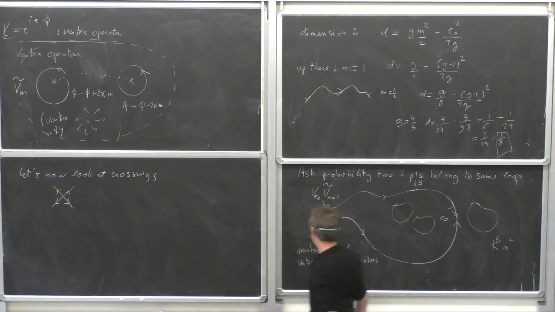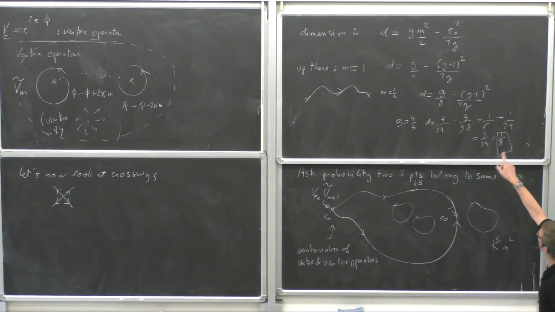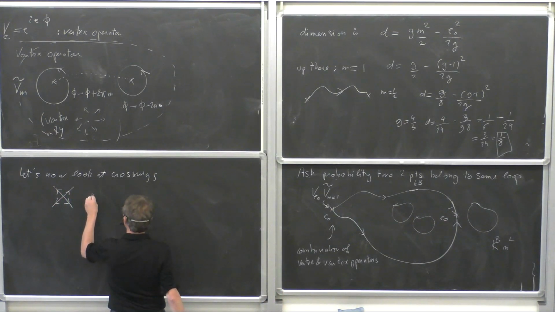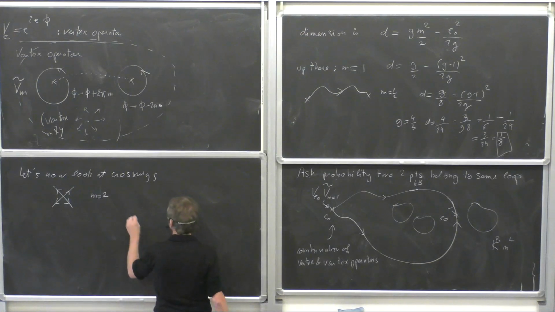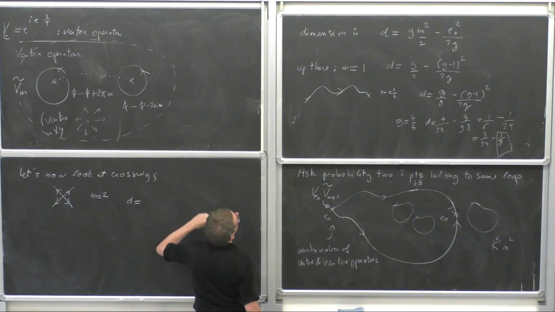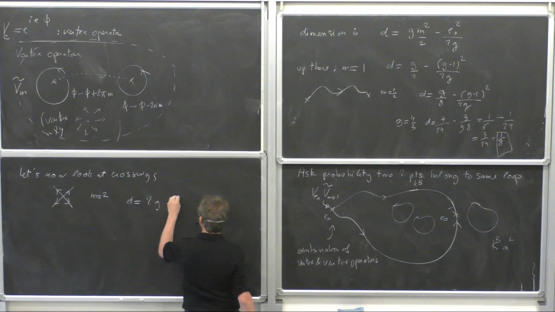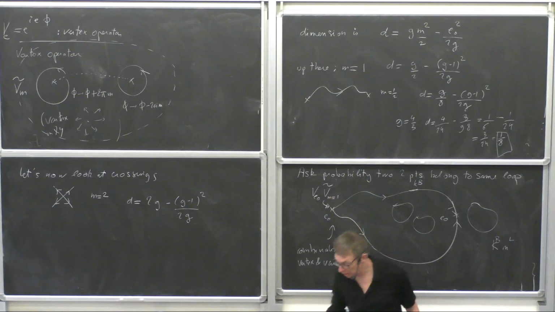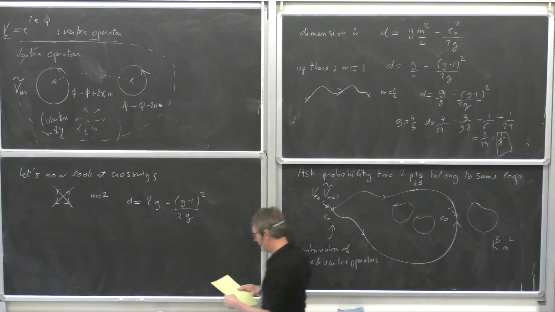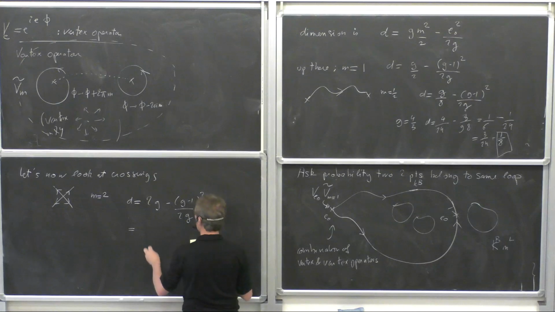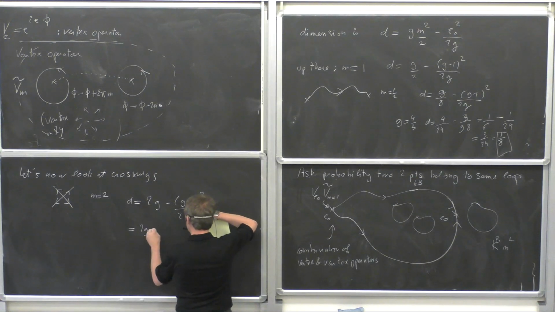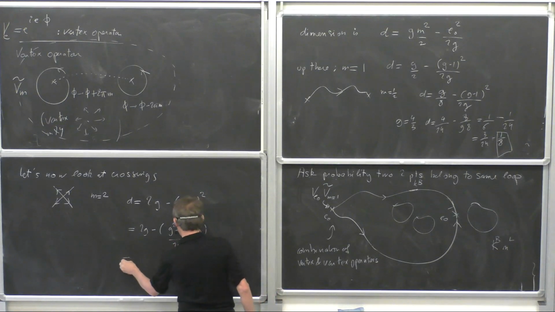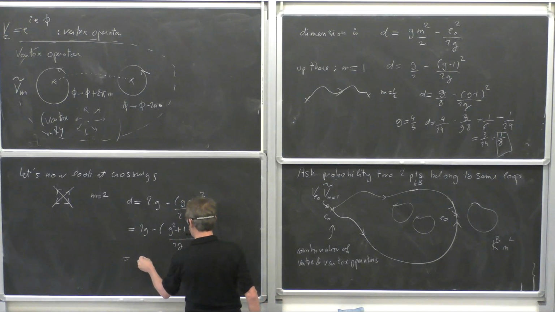So the dimension of this guy, I can calculate it just like up there, but now I have pi, 2 pi, 3 pi, 4 pi, so now m is equal to 2. So the dimension is now, what do I get? I get 2g minus g minus 1 square over 2g, okay, which is 2g minus g squared plus 1 minus 2g over 2g, which is therefore 2g minus g over 2.